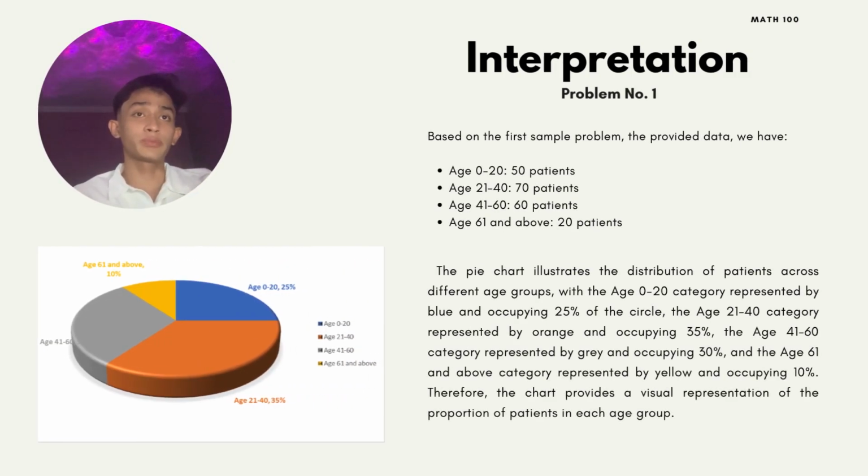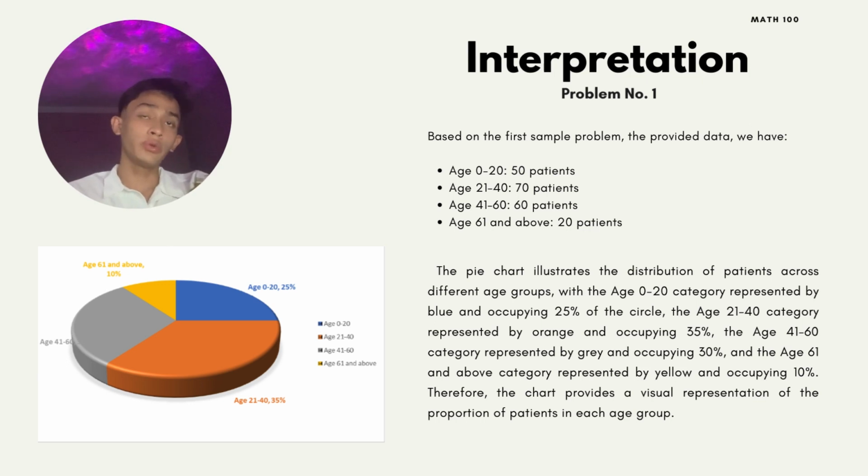Based on the first sample problem, the provided data we have are age 0 to 20, 50 patients, age 21 to 40, 70 patients, age 41 to 60, 60 patients, and age 61 and above are 20 patients. The pie chart illustrates the distribution of patients across different age groups, with the age 0 to 20 category represented by blue and occupying 25% of the circle.